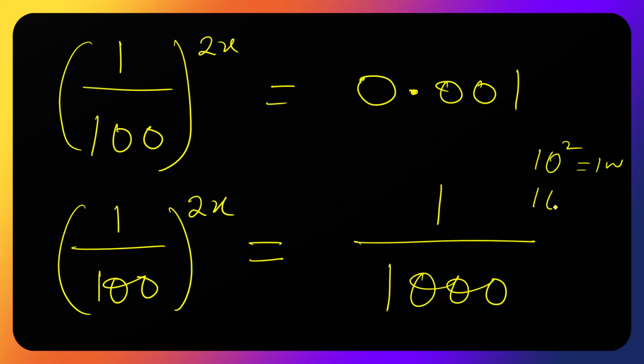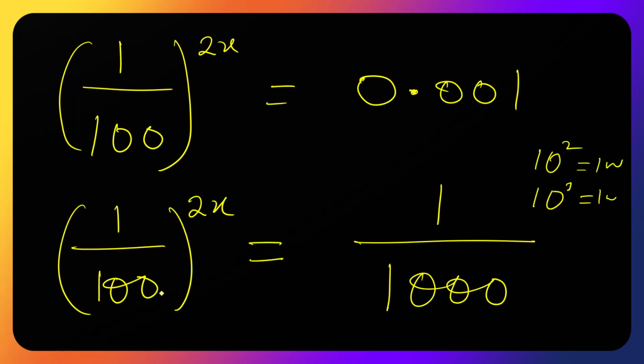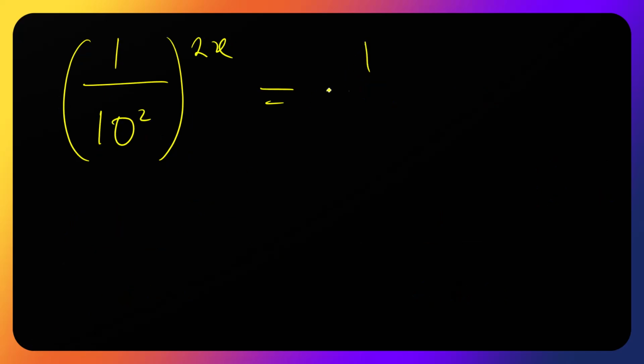Then 10 to the power of 3, that will be 1000. So we need to change this and change that. So I have 1 on 10 squared, which is 100, and this side will be 1 on 10 to the power of 3, which is 1000.